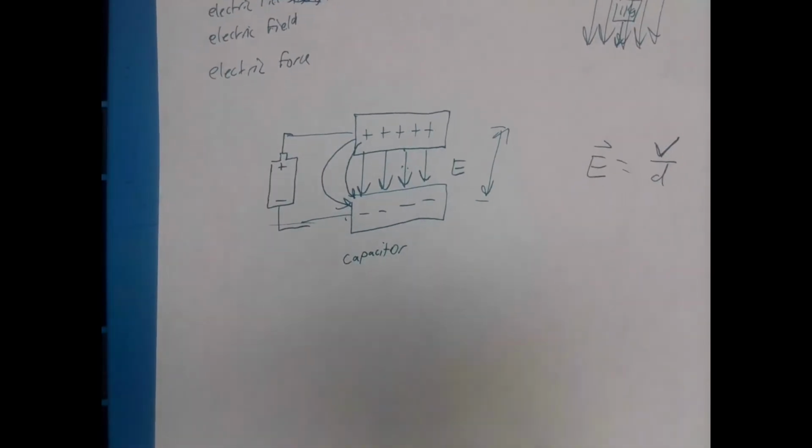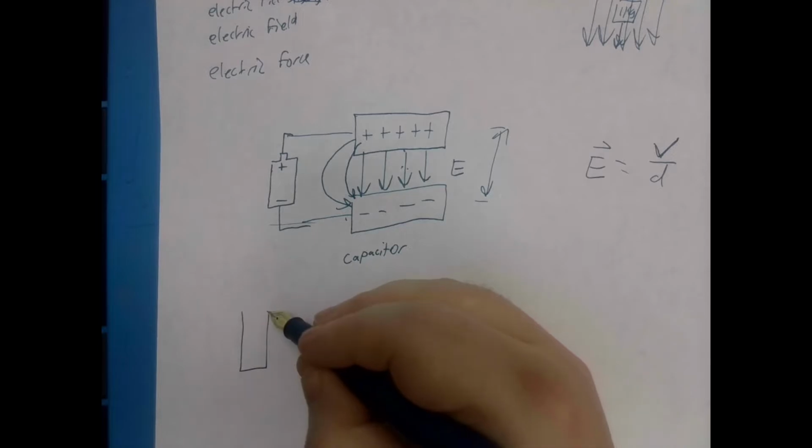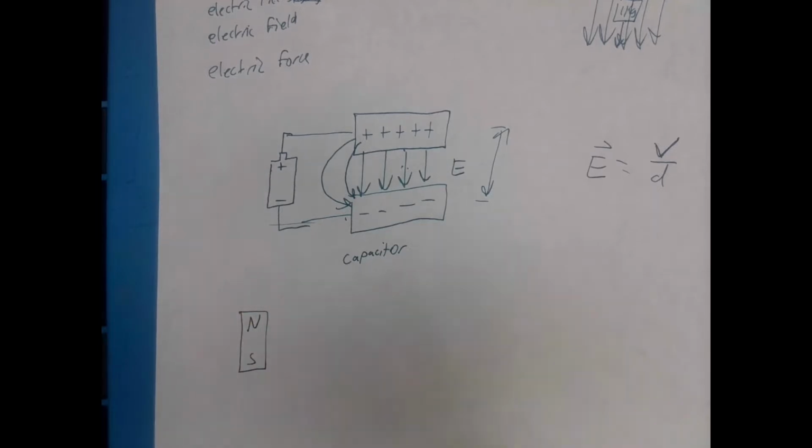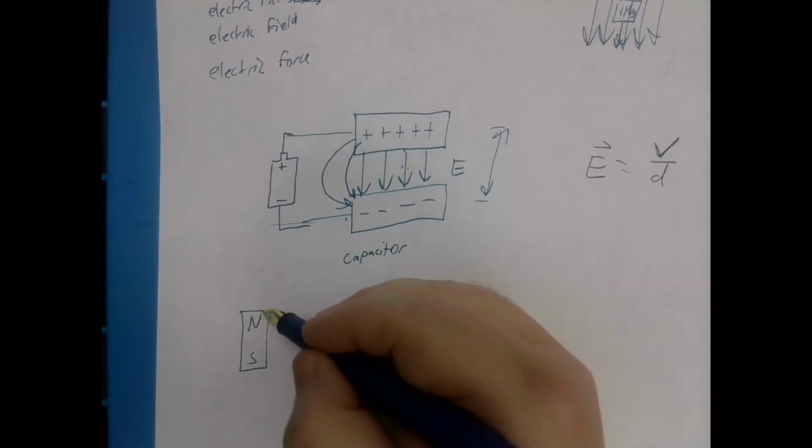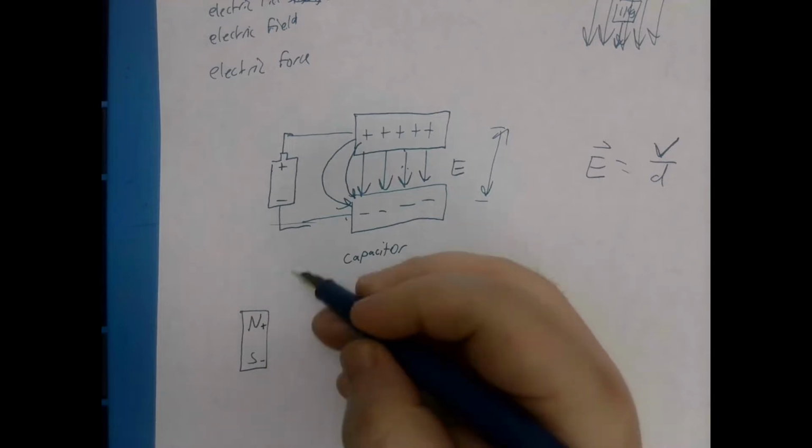Let's say I have a little bar magnet, north, south. Which way do the lines come out? They come out of the north. You can think of north as being positive and south being negative.